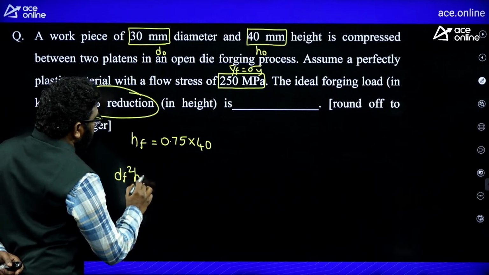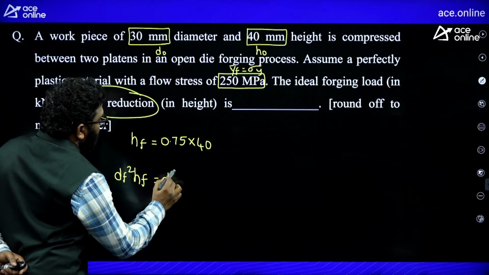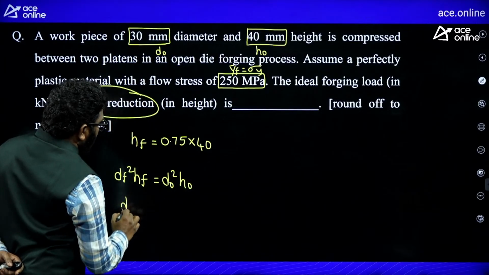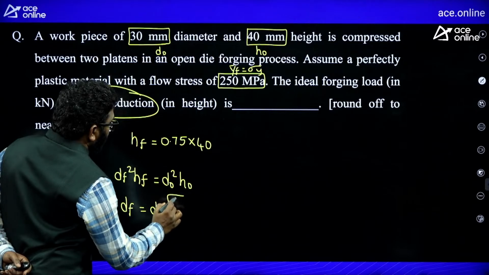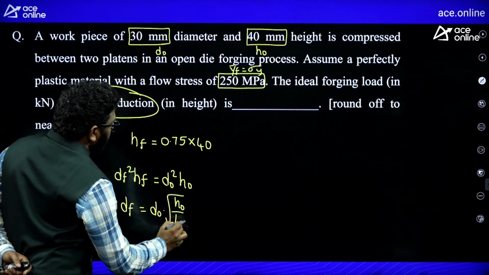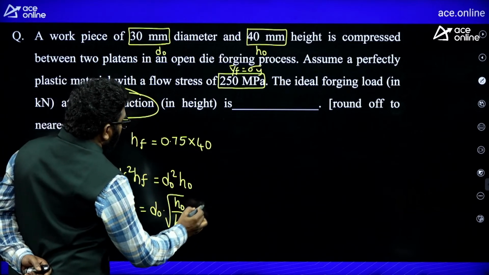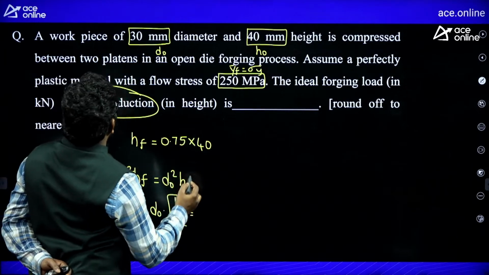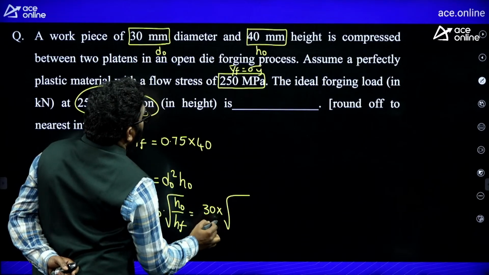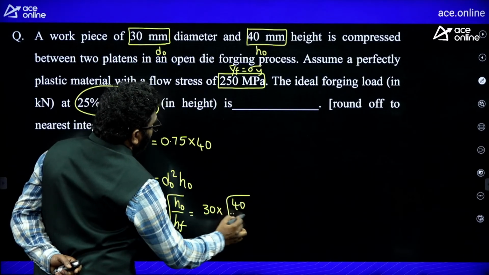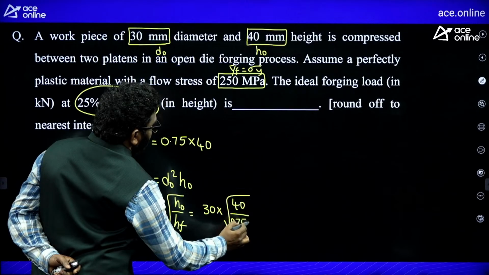D_F square HF is equal to D0 square H0. So dF is equal to D0 into under root H0 by HF. Okay, I am not solving it now because of the time constraint. 30 into under root 40 by 0.75 into 40.